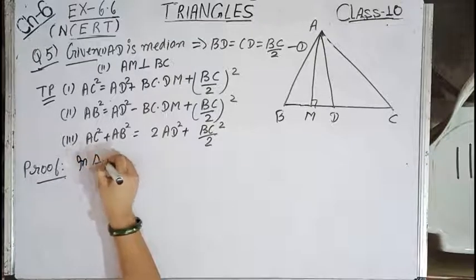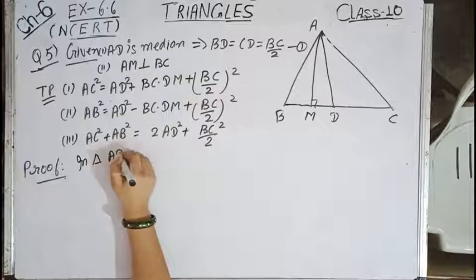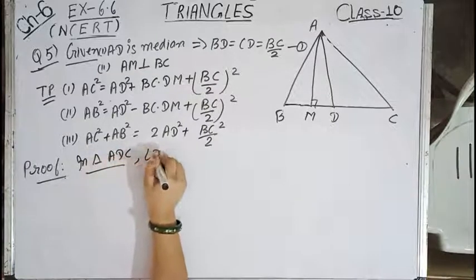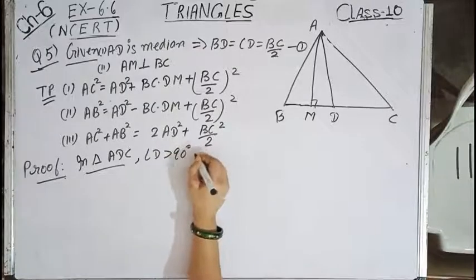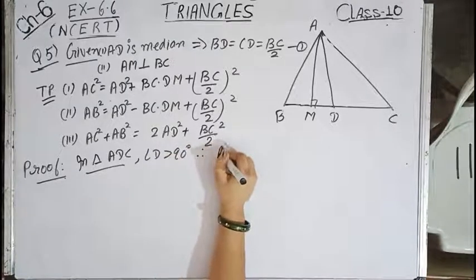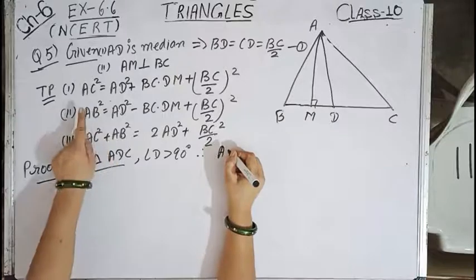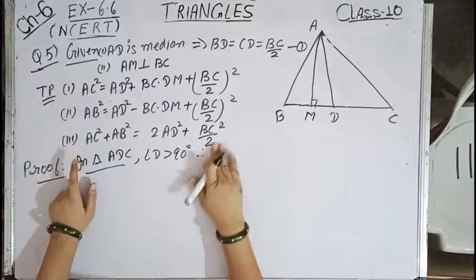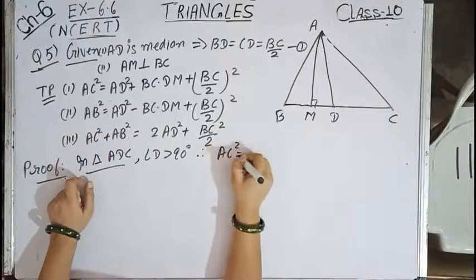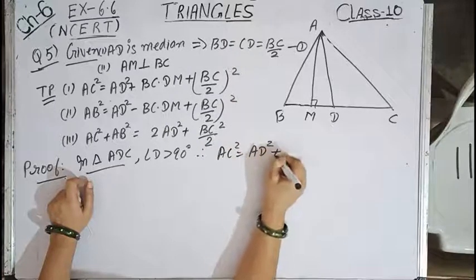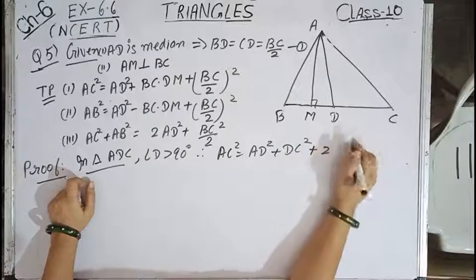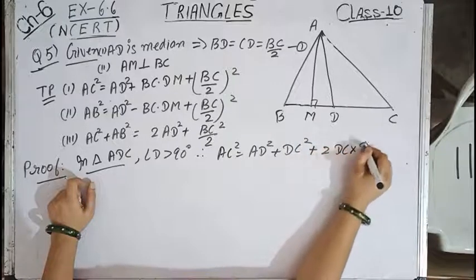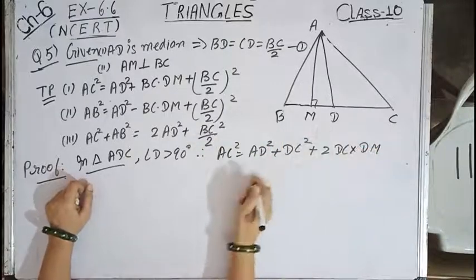In triangle ADC, angle D is greater than 90 degrees. Therefore, AC square equals AD square plus DC square plus twice DC into DM, the extension portion.